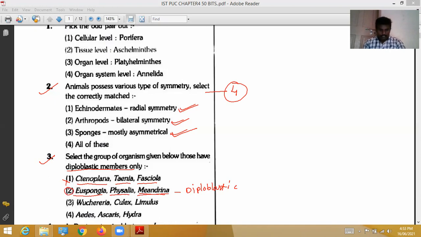Let's see the others. Culex and Limulus do not show diploblastic organization. These are triploblastic organizations, so it is wrong. Aedes, Ascaris, Hydra: these also are triploblastic organisms, so it is the wrong option. Among these four options, the correct option is 2.